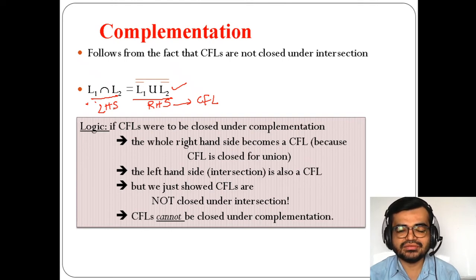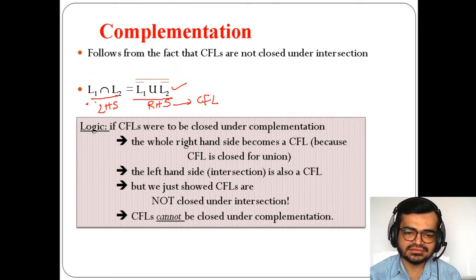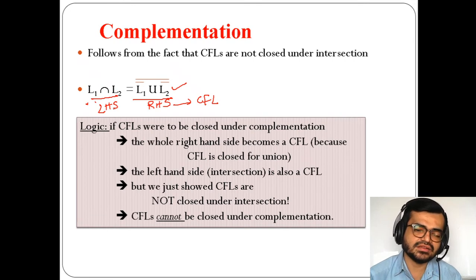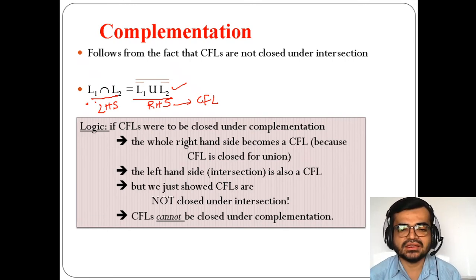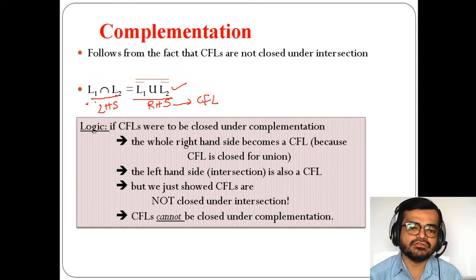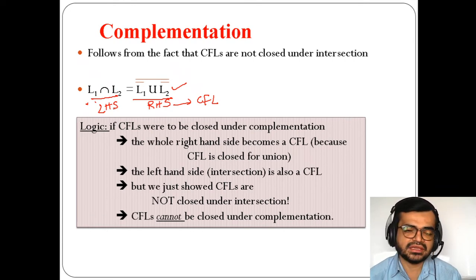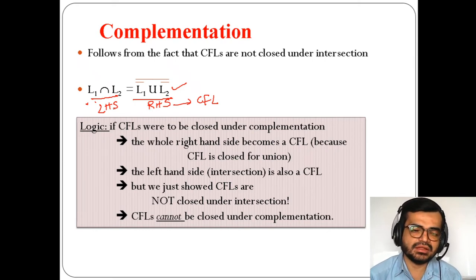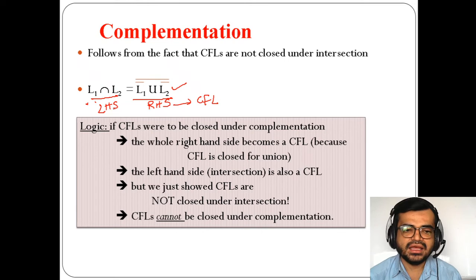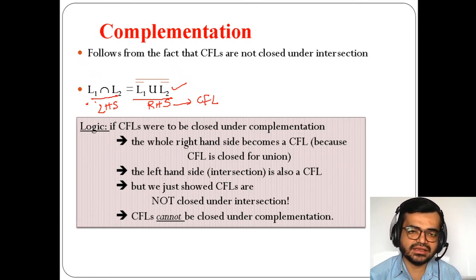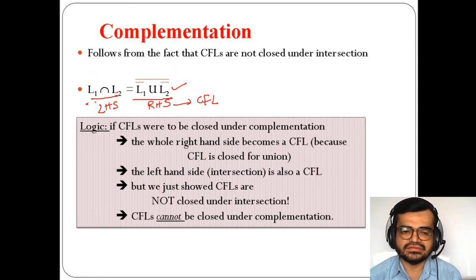Will it be logical to say that? No, we can't. If LHS is CFL, the RHS should also be CFL, and if RHS is not CFL, LHS should also not be CFL. But here LHS is not CFL and RHS is CFL.